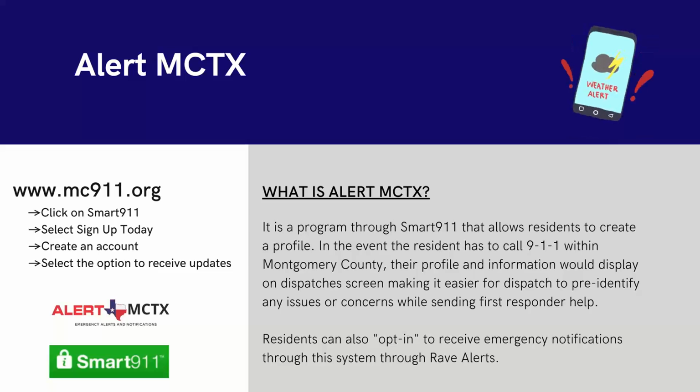So what this is, if you call 911 within Montgomery County and you've created a profile, your information will pop up on dispatch's screen, and it kind of pre-identifies your information, any health issues you may have, and so it will help if a first responder has to respond to your location. But through this, you can opt in to receive emergency notifications through the Rave Alert system.